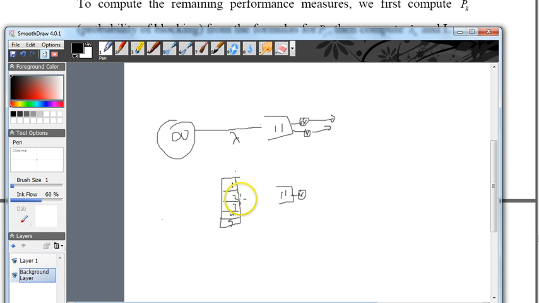Each machine works for an exponential amount of time with rate lambda. When these machines fail, they go in here, they wait for repair, and once they get repaired, they go back up and start functioning. So you can see how this model is different. The arrival rate here is not really lambda, it is state dependent.